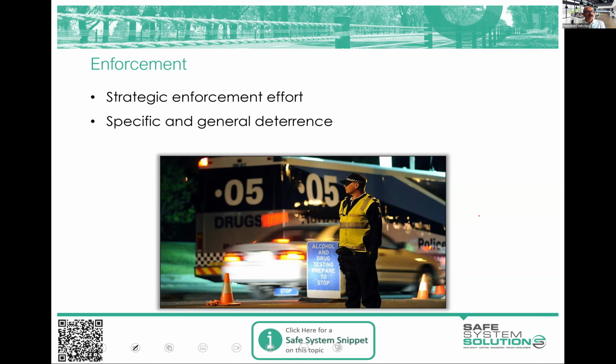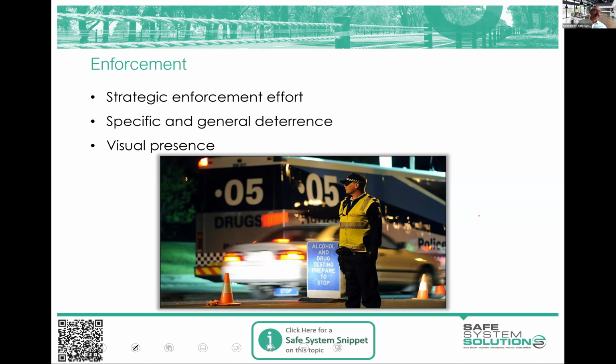There is both specific and general deterrence. Specific deterrence is the theory that if you are fined for something, you won't do it again. General deterrence, slightly different, is that you could be fined for something, so you won't do it. Visual presence significantly helps in that general deterrence. You don't need to have been fined, but seeing a police officer out there, you could be.